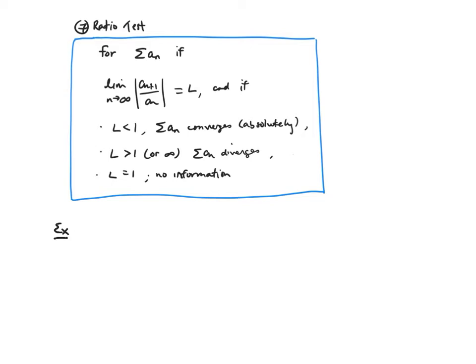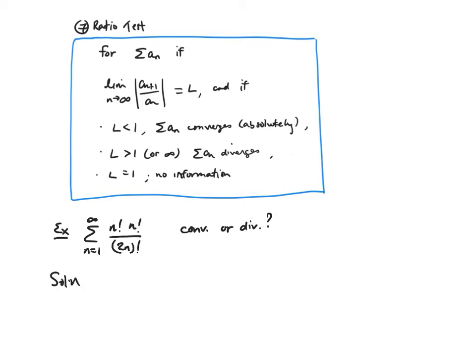So we're going to do an example where we pit a couple of different factorial terms against one another. I've got the sum from n equals 1 to infinity of n factorial times n factorial on top, and on the bottom we have 2n factorial. And we have our usual question: does this converge or diverge?